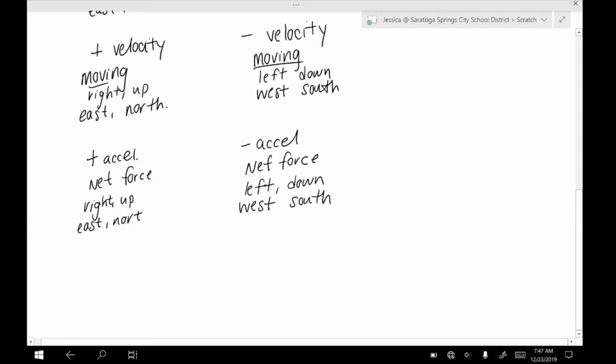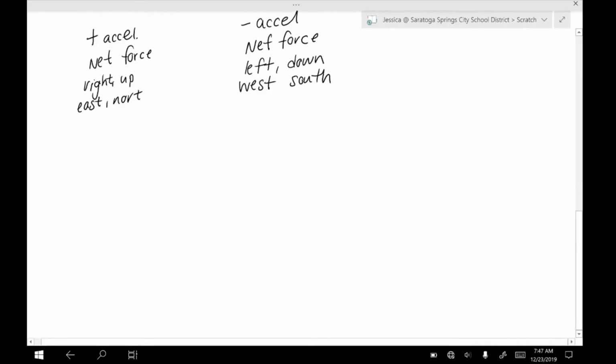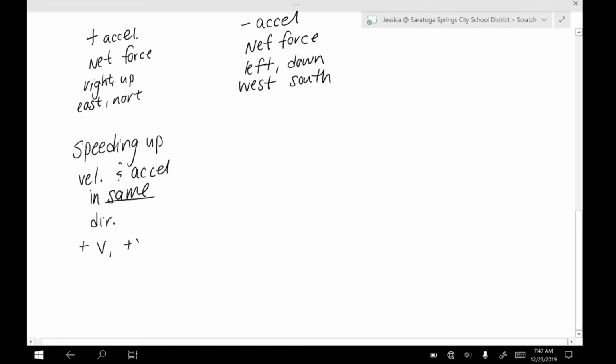Now notice how I didn't say that positive acceleration meant speeding up, negative acceleration means slowing down, because that is not true. If you want to know speeding up versus slowing down, we need to have the velocity and acceleration in the same direction. So either positive velocity, positive acceleration, or negative velocity, negative acceleration.